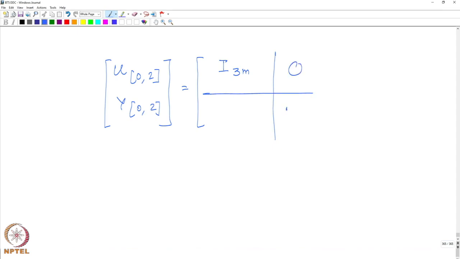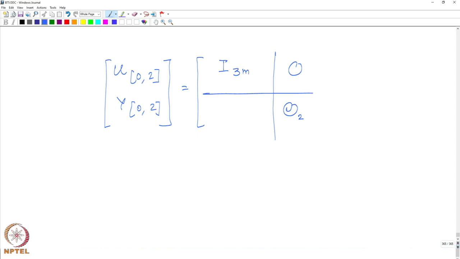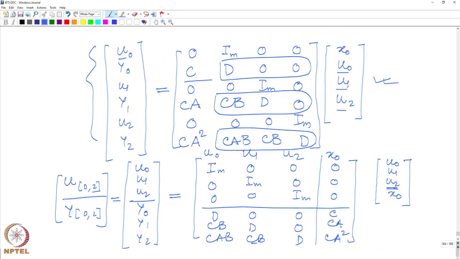This is the observability matrix of order 2, because I go up to A squared. And here what I have is a Toeplitz matrix created out of D, C, A and B.